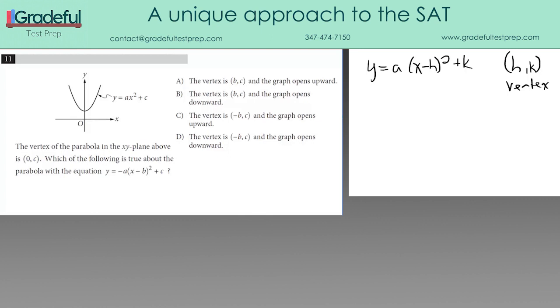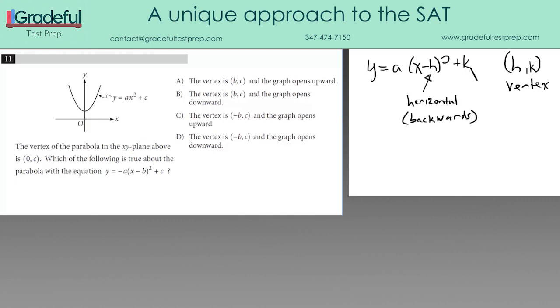This means that if something is added to x on the inside of the parentheses, it represents a horizontal shift, and it's backwards, which means that if there is a positive number there, then it would shift the function to the left. And if there's a negative number there, it would shift it to the right.